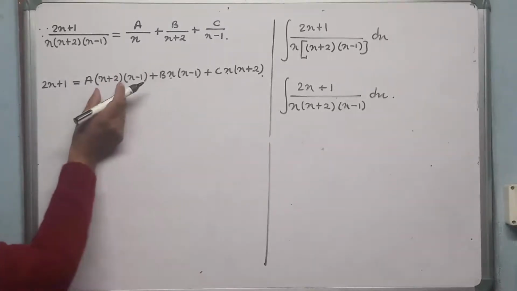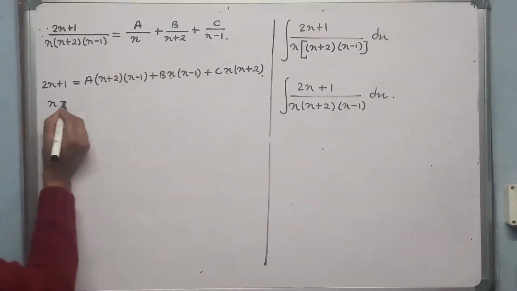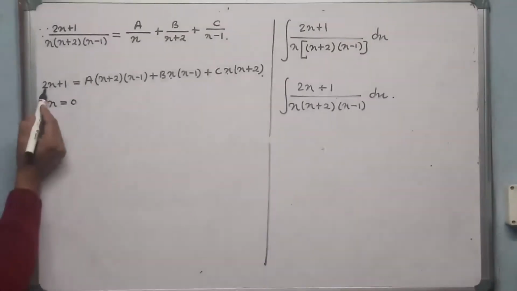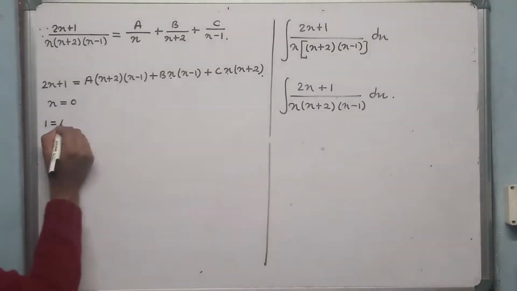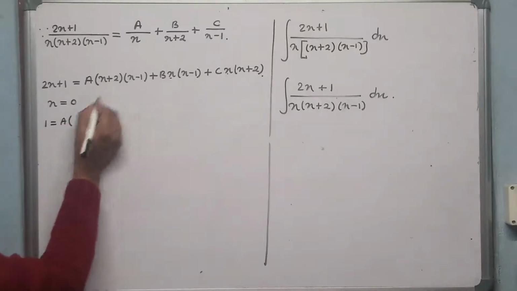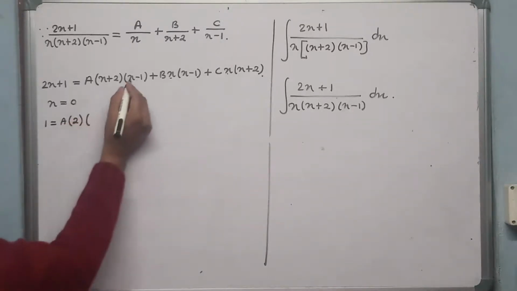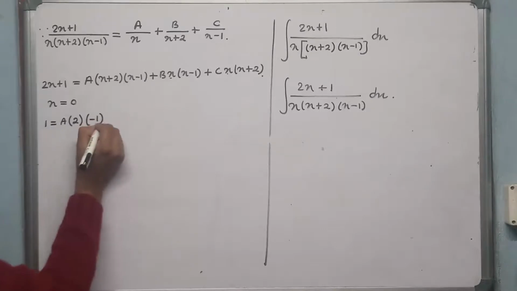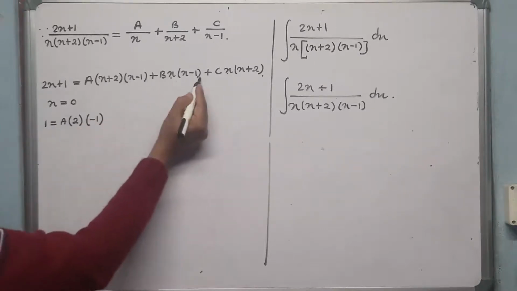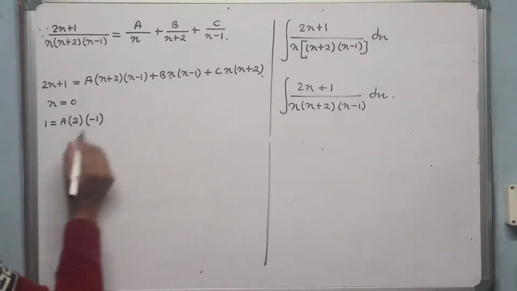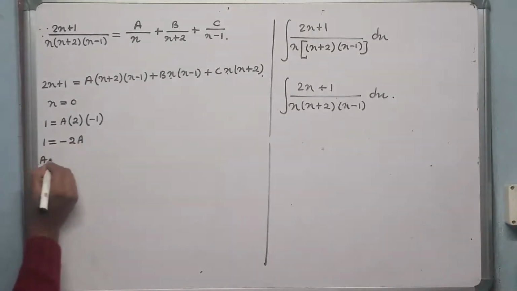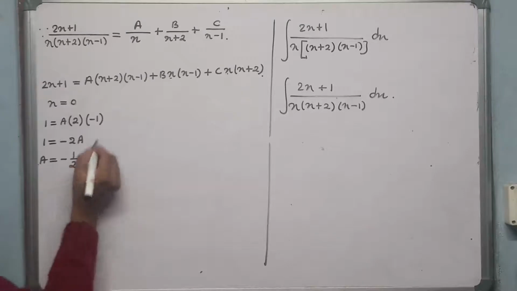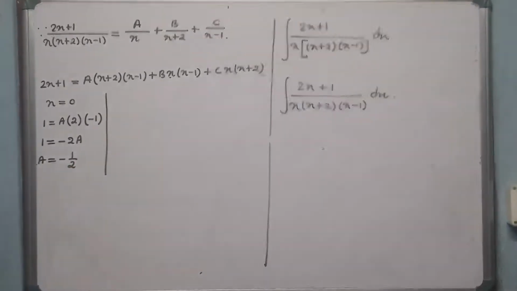Then easily we can calculate the value of A. X equals 0: 2 into 0 is 0, plus 1, so 1 equals A into (0 + 2), which is 2, (0 − 1) is −1. 0 into anything is 0. Now 1 equals −2A, then the value of A is −1/2.